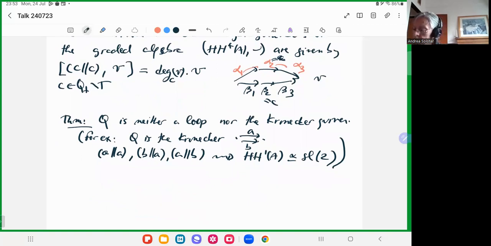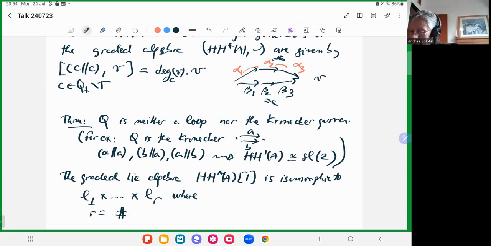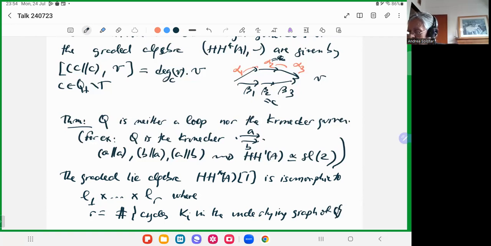So suppose that it is neither a loop nor the Kronecker quiver. So the graded Lie algebra Hochschild cohomology of A shifted by 1 is isomorphic to a product of Lie algebras, L1 times LR, let's say, where this R is exactly the number of cycles that we will call Ki in the underlying graph of Q, okay?